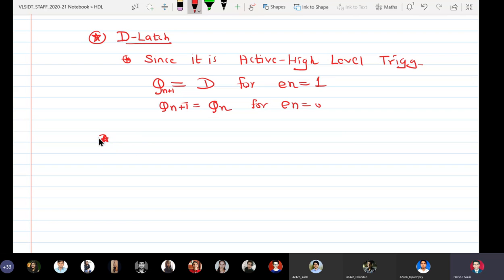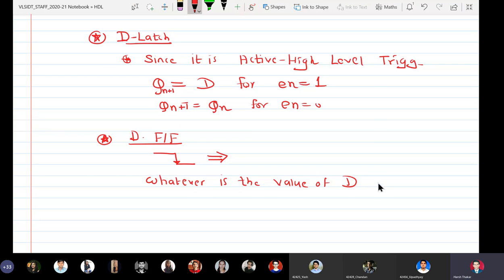In case of a flip-flop, what happens is that it is negative edge triggered. So when this edge will come, at that time, whatever is the value of D at the arrival of falling edge, Q will achieve it.